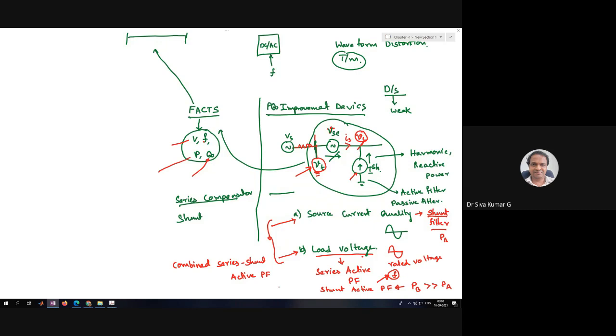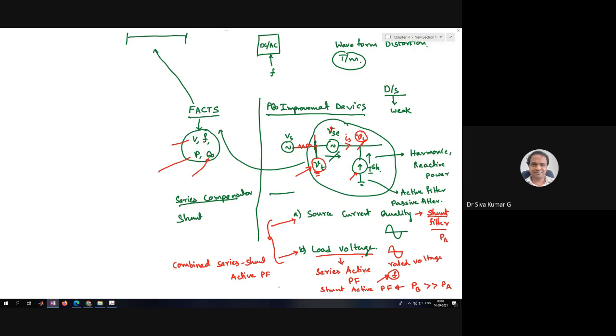Whereas in FACTS devices, we control with respect to fundamental frequency signals only, especially the modulating signal, which is at the fundamental level.